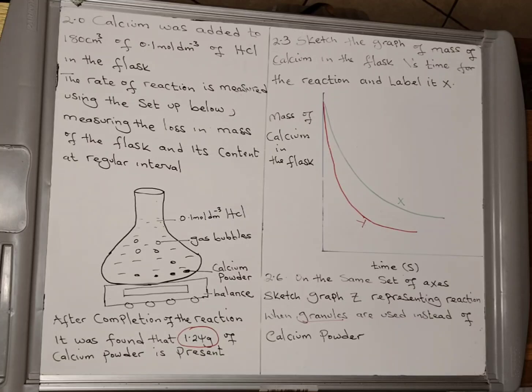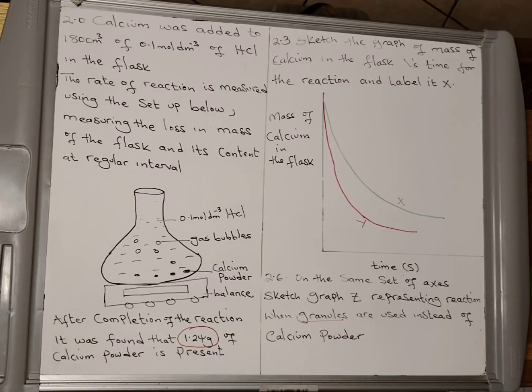Powder has a bigger surface area compared to the granules. So the reaction with powder is faster compared to the reaction with the granules. So our reaction rate is going to decrease. And how do you show a decrease in the rate on this graph?